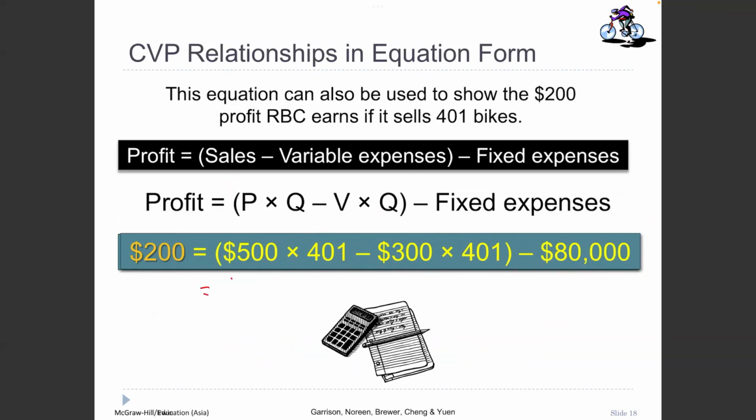But then you can also do 500 minus 300, then you multiply with 401, so that equals $200 multiplied with 401, then you minus 80,000, and you will still get $200. So you can use whichever formula is easier for you to understand. It will still give you a similar answer.